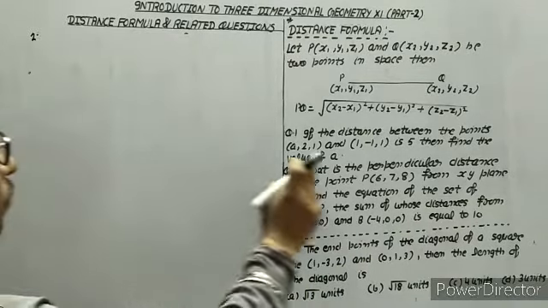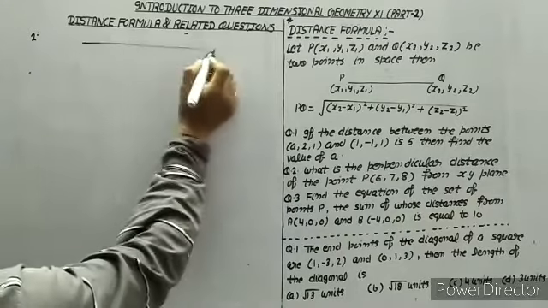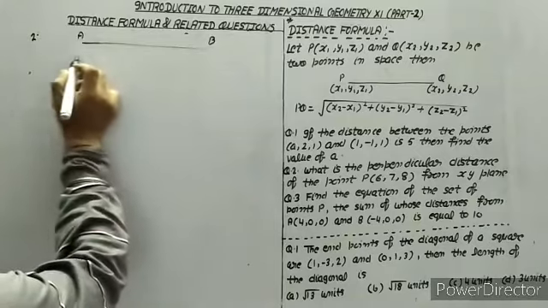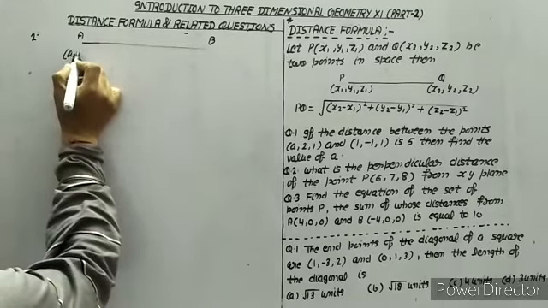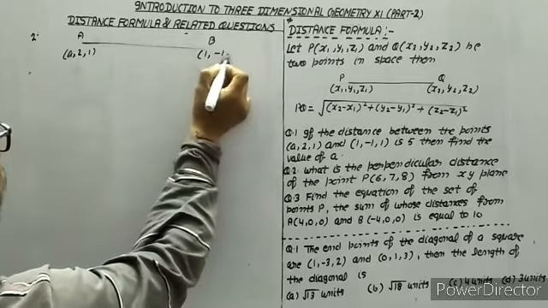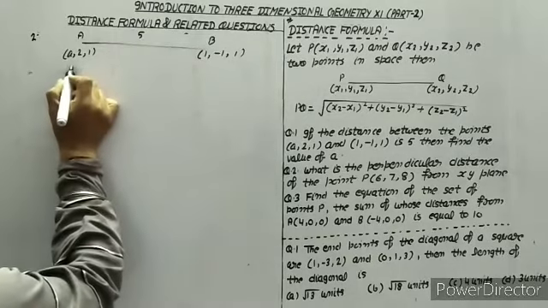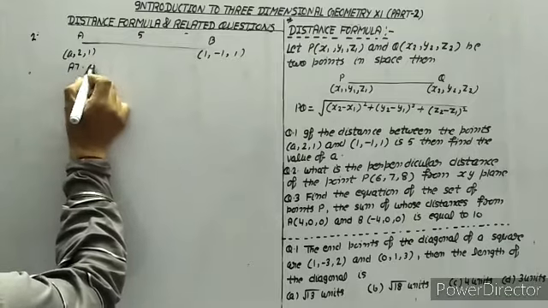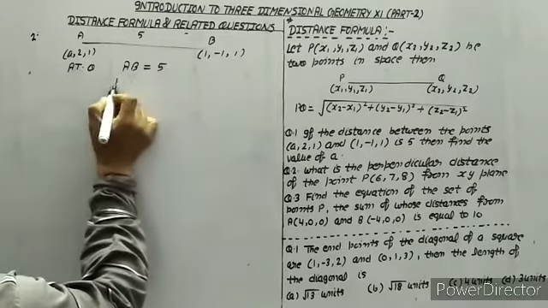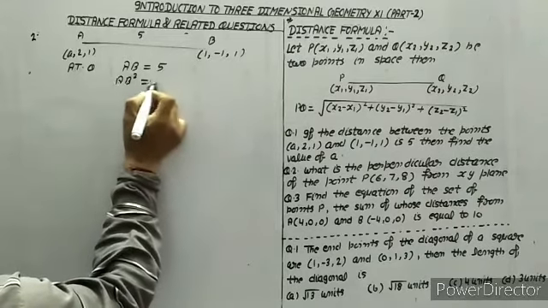Look at this. If the distance between the points is 5, then find the value of a. The point A has coordinates (a, 2, 1), B has coordinates (1, -1, 1), and the distance between them is 5. According to the question, AB is equal to 5, so AB square is equal to 25.